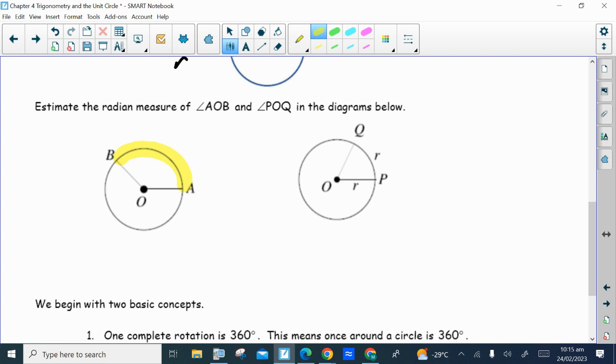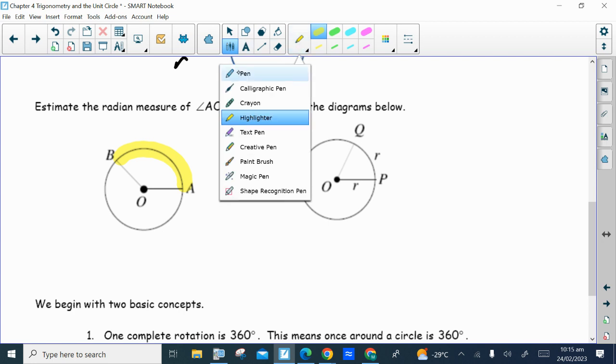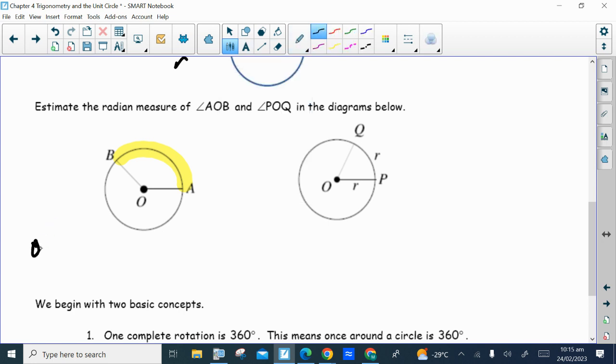All right, so if we're using that relationship again, that theta in radians is the length of the arc divided by r, the radius. Again, if you used a piece of string and compared the length of the arc to the length of the radius, you would see that the arc is approximately twice the radius.